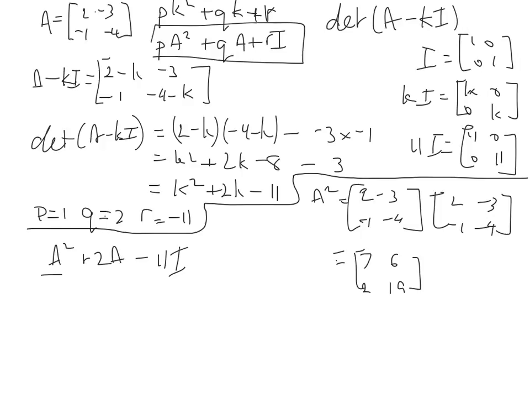So that's what we shoot for here. Now we've got A squared, 7, 6, 2, 19, plus 2 times A, which is 4, negative 6, negative 2, negative 8, minus 11, 0, 0, 11.